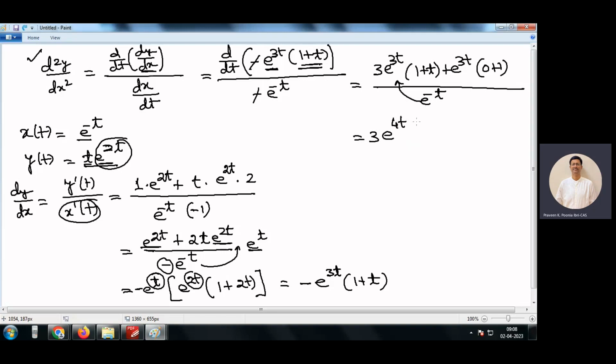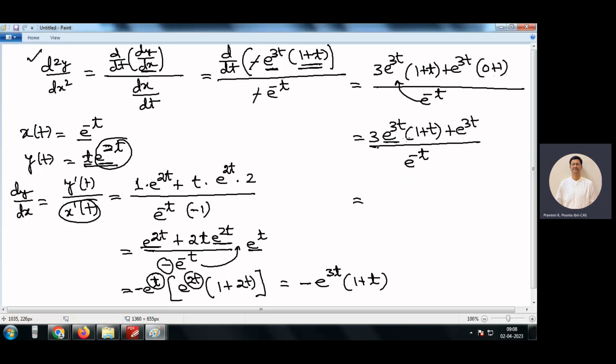Okay. Now, clear. Now here how much? 1 plus t remaining. And here how much? 1 remaining. No, there is some problem. I wrote it wrongly. Okay, no problem. First we will write 3 e to the power 3t times 1 plus t, plus e to the power 3t, upon e to the power minus t.